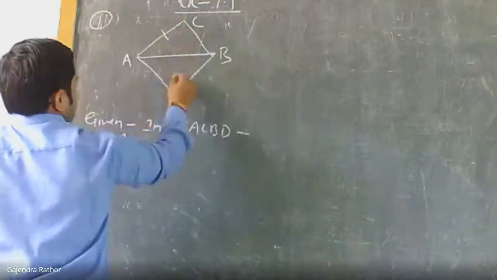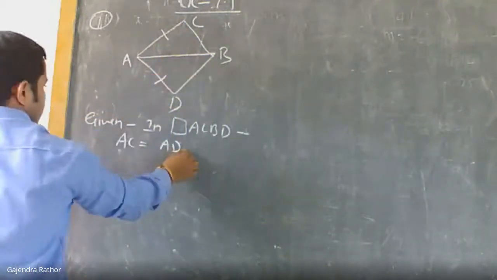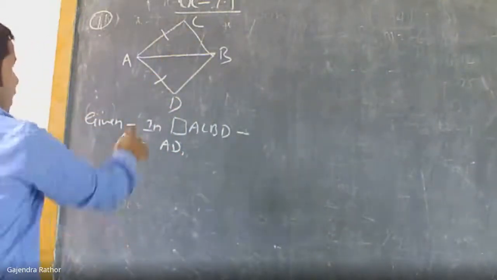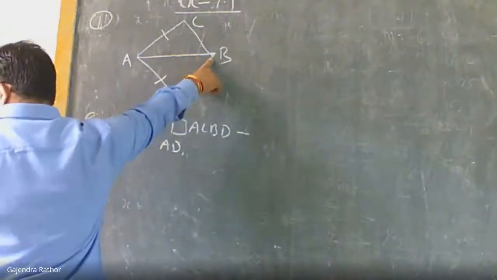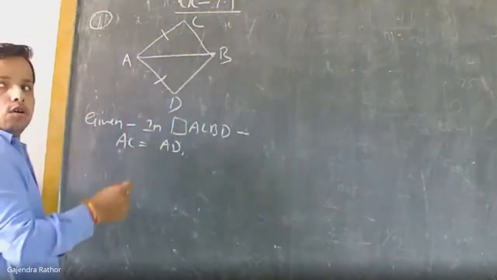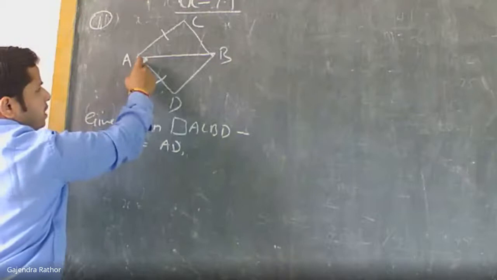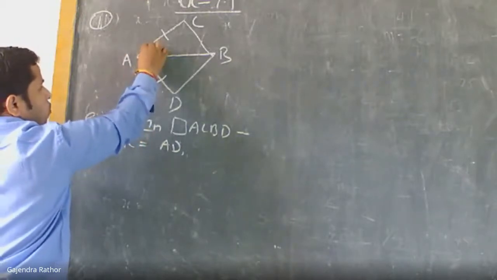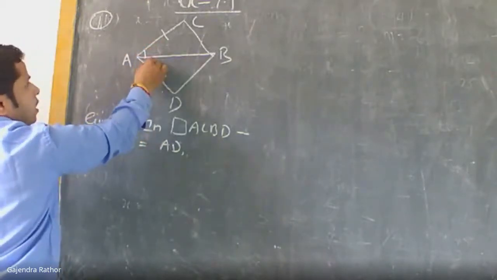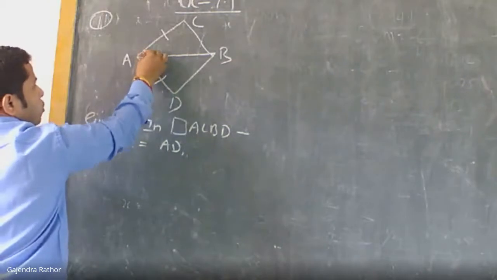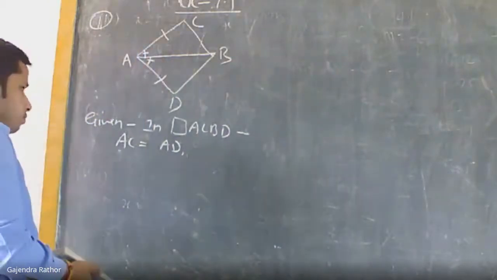This side AC is equal to AD, and AB, this line bisects angle A. So this line AB is bisecting this angle A, dividing the angle into two parts, and both parts are equal.